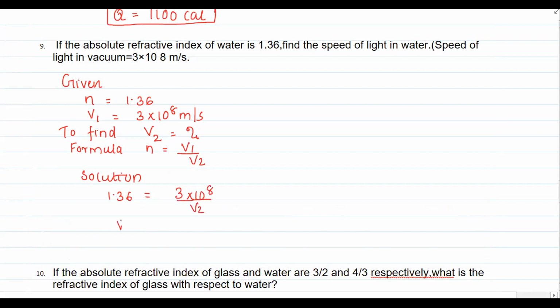We want to find out V2. So we'll cross multiply. We will get 3 into 10 raised to 8 upon 1.36. 3 divided by 1.36 is 2.21, into this 10 raised to 8 is there. So this is the value of V2. That is, speed of light in water is 2.21 into 10 raised to 8 meter per second.